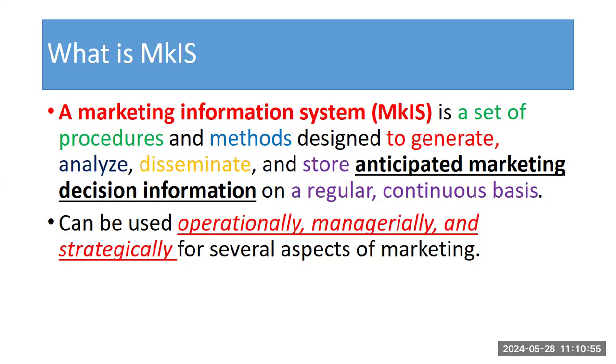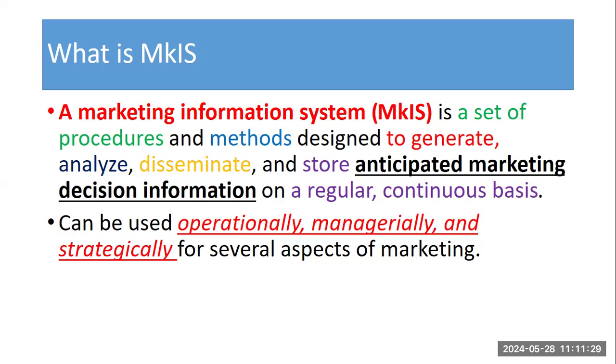Anticipated means expected marketing decision information. What type of marketing decisions they are going to take, and to take that kind of decision, what type of information is anticipated, and then they try to generate that with the help of the system. This system is important because marketing activities are continuous activities.